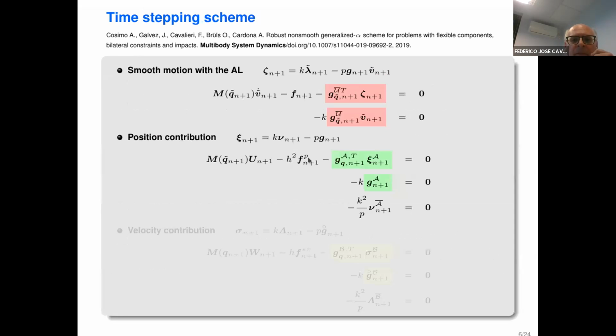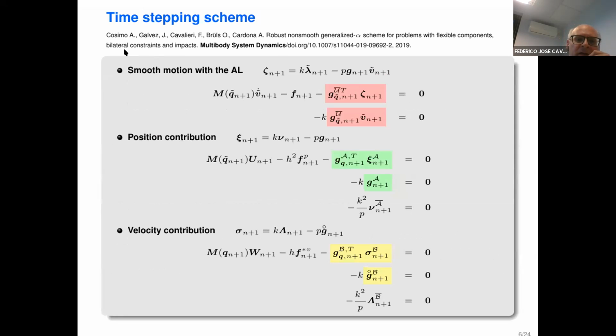So this slide shows the time stepping scheme. I don't want to spend too much time explaining this integrator because it can be found in the literature. Here I give you the reference, and I would like to present the main idea of this time stepping.